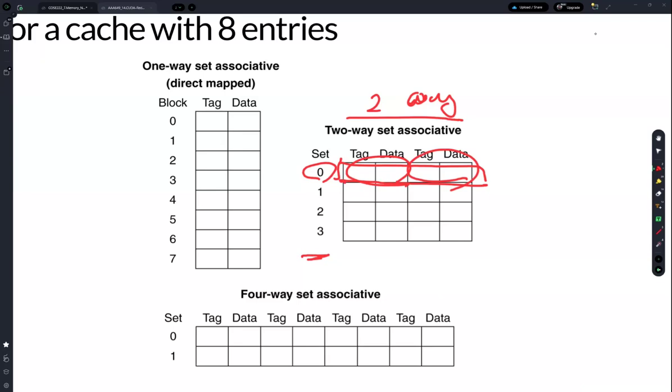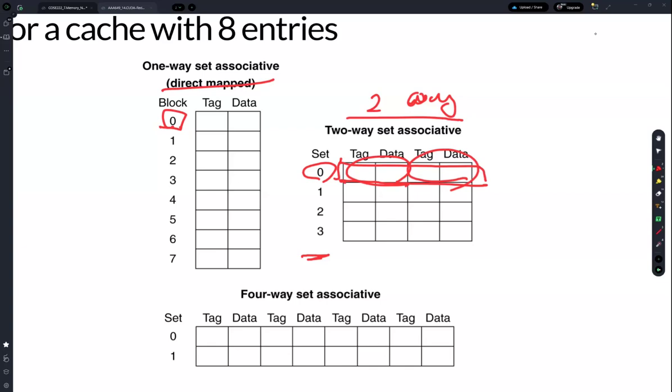Firstly, when we learned about cache organization, we learned about the direct mapped cache. We can say that a direct mapped cache is a one-way set associative cache, which means in a single set we can allocate one cache block.